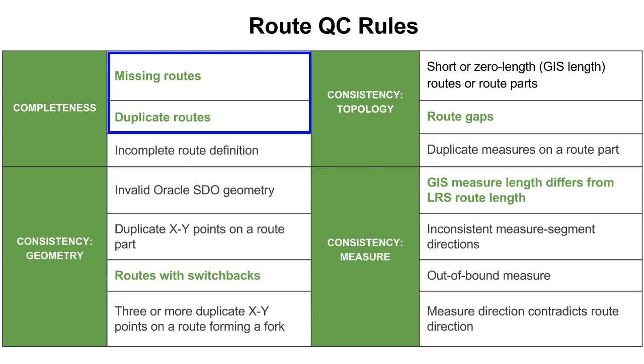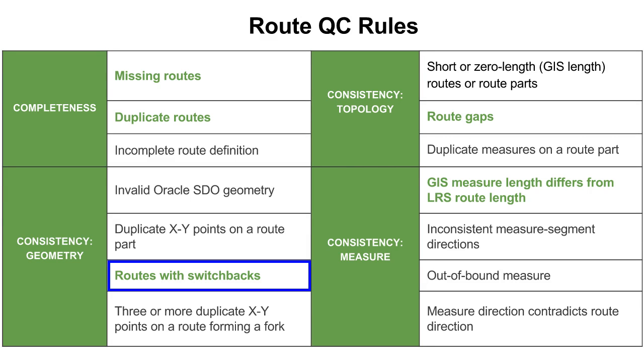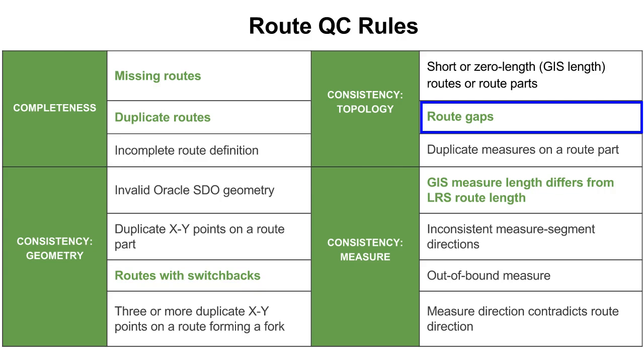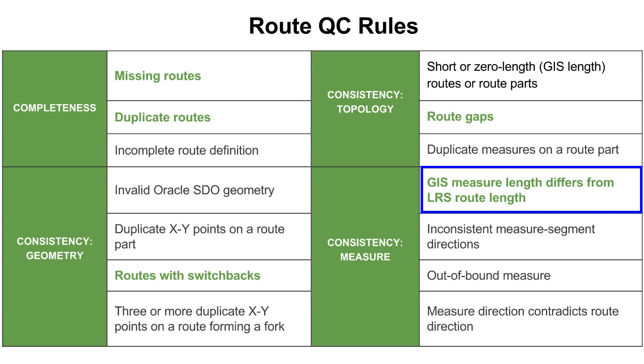Missing or duplicate routes, or route attributes, is an example of a completeness error. Routes with switchbacks is a geometry error. A topology error or warning might be route gaps, while difference in length between GIS measure and route measure is, naturally, a measure error.